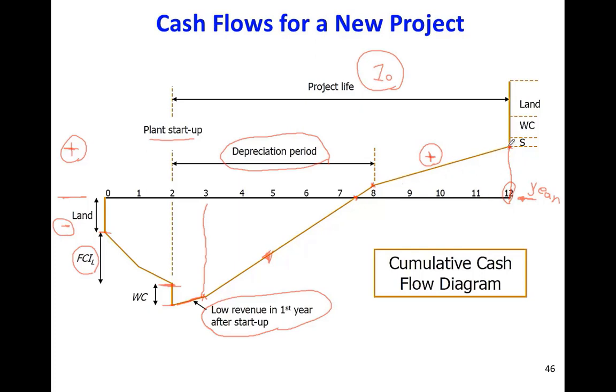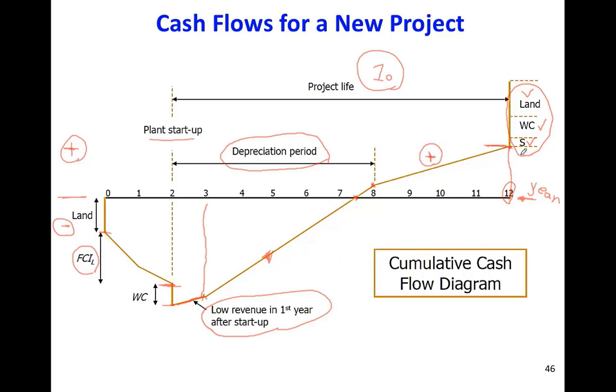So this is how much cash we made from the project, the benefit that we got from the project, plus what we can recover at the end. At the end, what we can recover is the land that we put. We can sell the land and make money. The working capital that we put at the beginning, we can recover it. And also salvage value: if we sell the old equipment, cars, trucks, whatever we have, we can make some money.